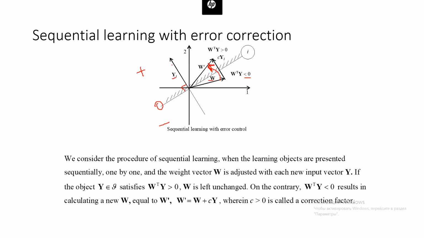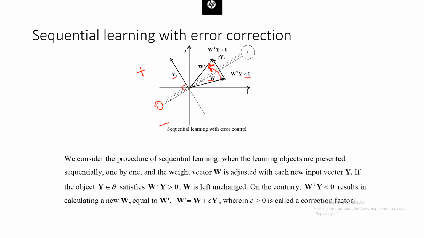We move it closer to the observation, and this vector will be some coefficient multiplied by the observation. You see that we have two perpendicular vectors here, this one and this one.